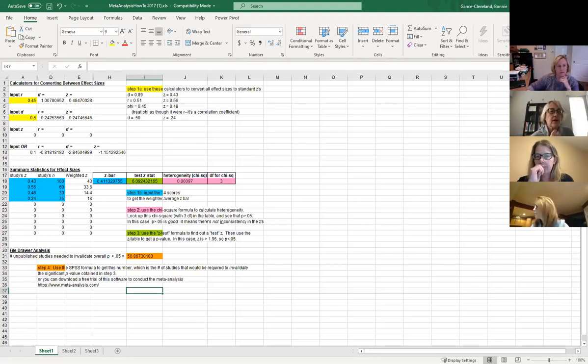I did all the calculations on this, and I understand where to click and how they auto-populate the answers. But when we get down to step 2, that's pink, and it says, look up this chi-square with 3 degrees of freedom in the table. What table? I didn't know what table.